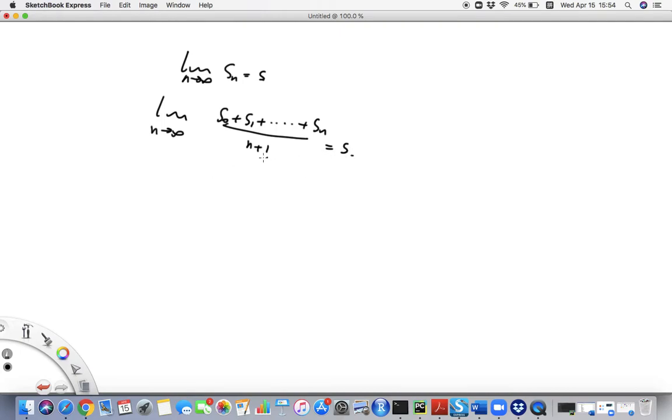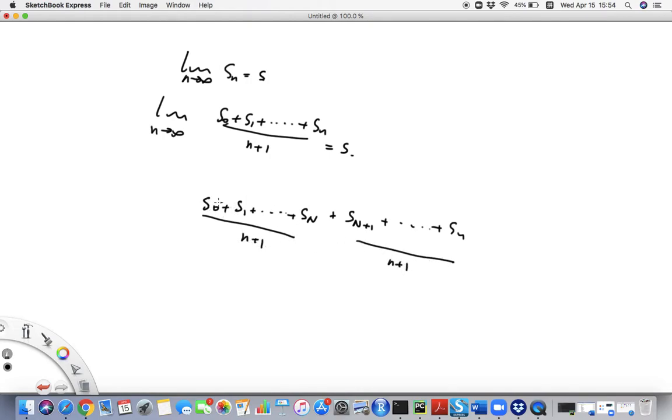So basically, the idea is to break that into two parts. First we have s_0 plus s_1 all the way up to s_N, plus s_(N+1) plus dot dot dot s_n, over n plus 1.